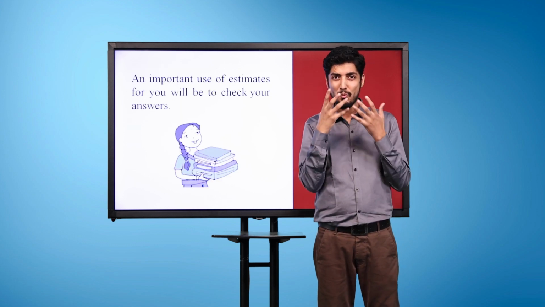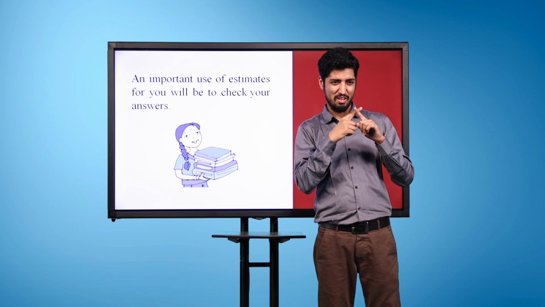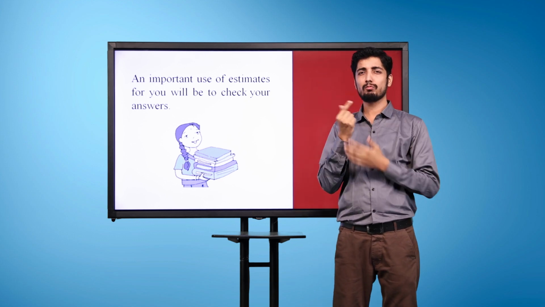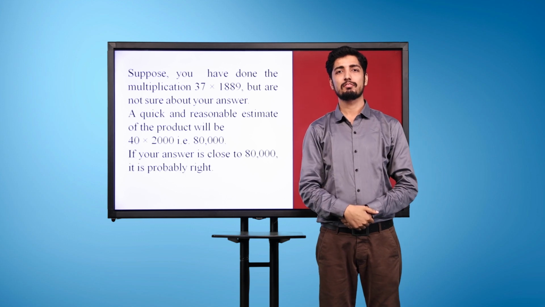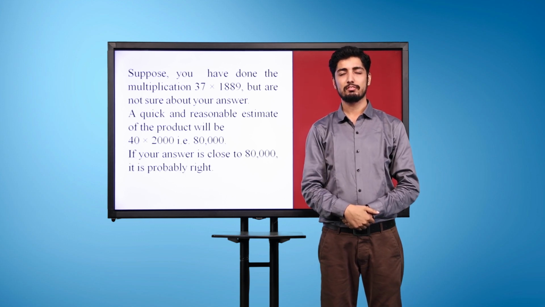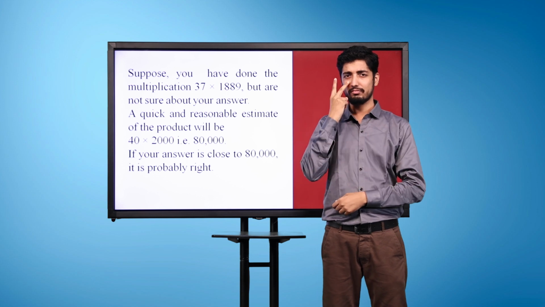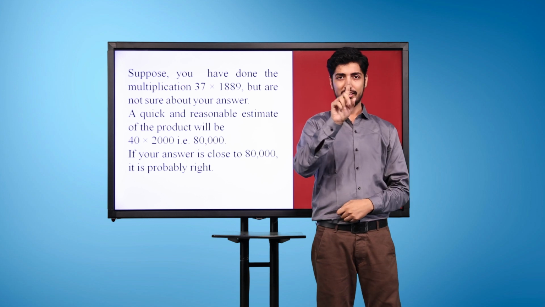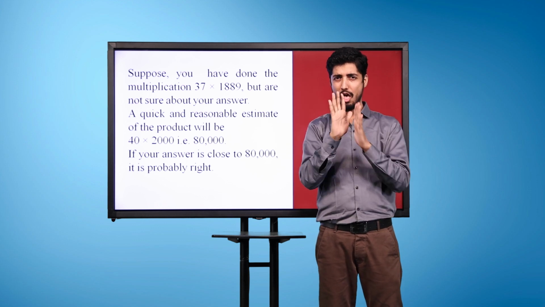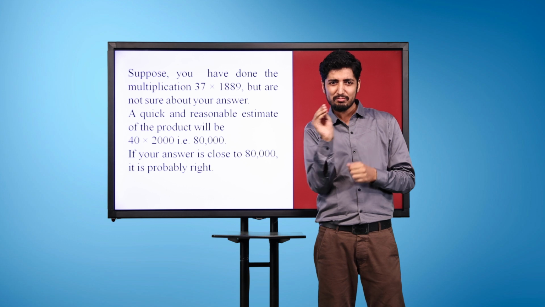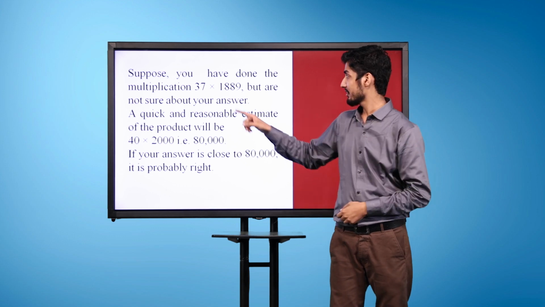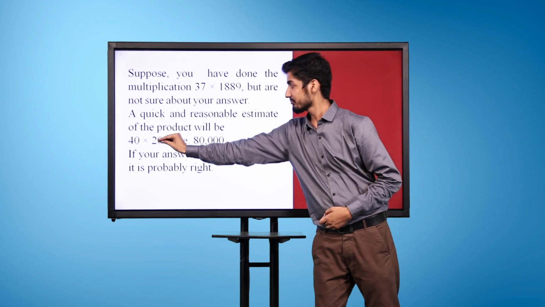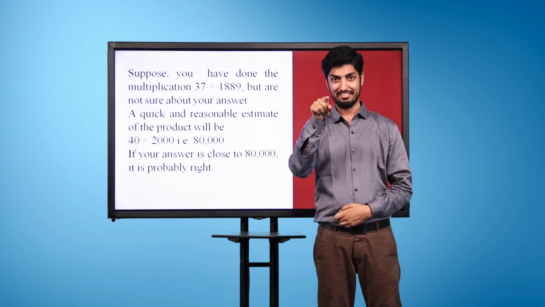An important use of estimates for you will be to check your answers. Suppose you have done the multiplication 37 multiplied by 1889, but are not sure about your answer. A quick and reasonable estimate of the product will be 40 multiplied by 2000, that is 80,000.